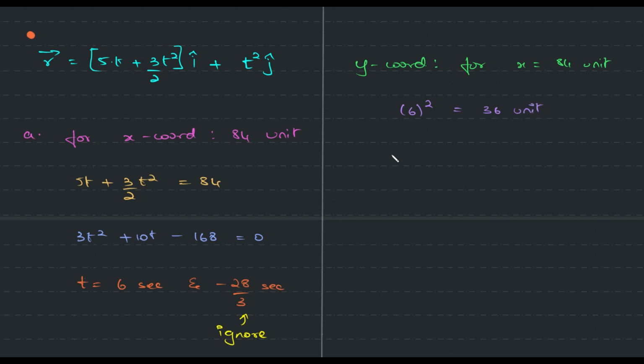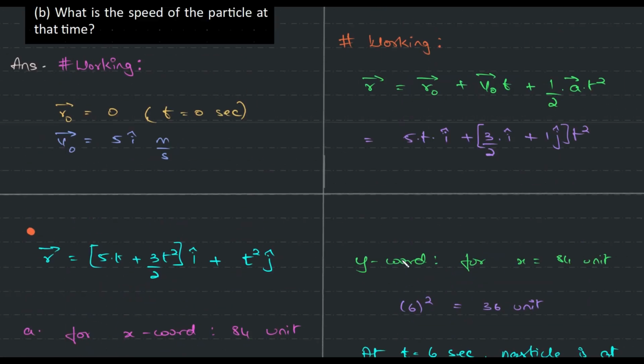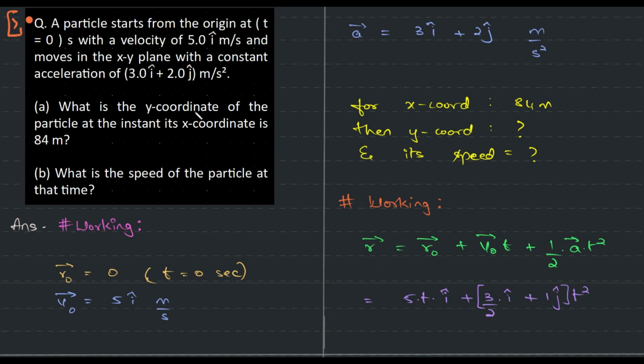So the particle will be at (84, 36) at t is equal to 6 seconds. That's the position that the particle will be at. That's it.